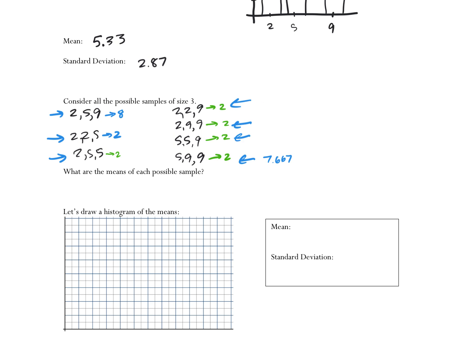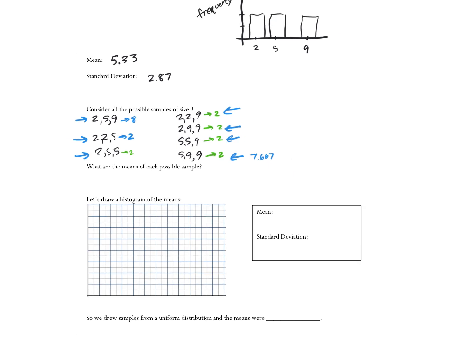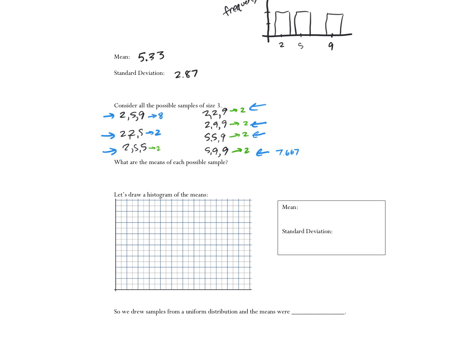Zach, I had you do this one, right? Or this one? What'd you get? Okay, so you do 2 plus 2 plus 9 divided by 3. What'd you guys get? Okay. Tatum, what'd you get?